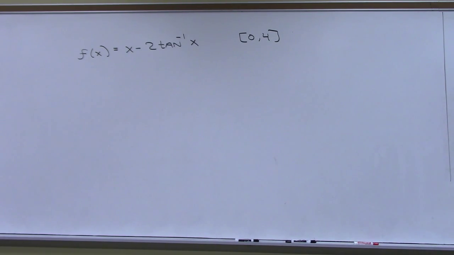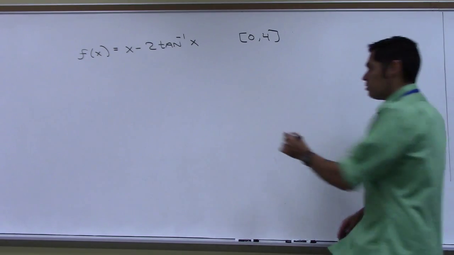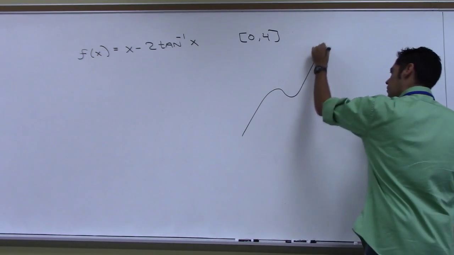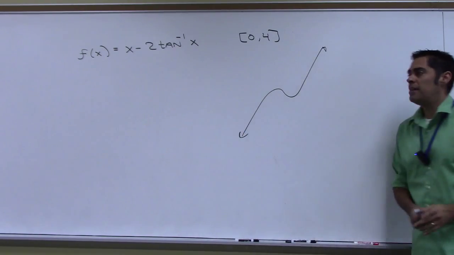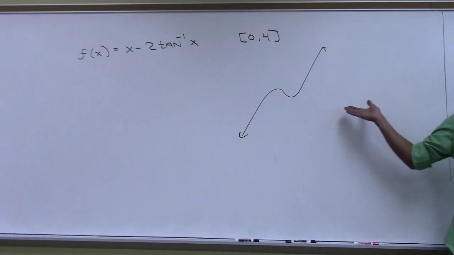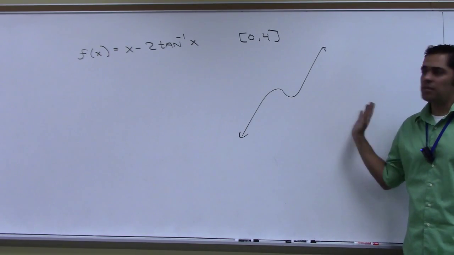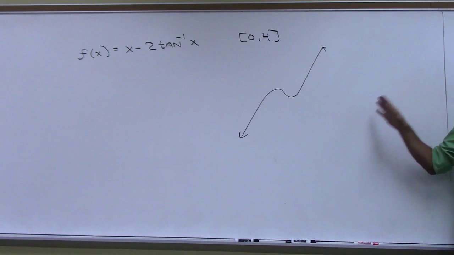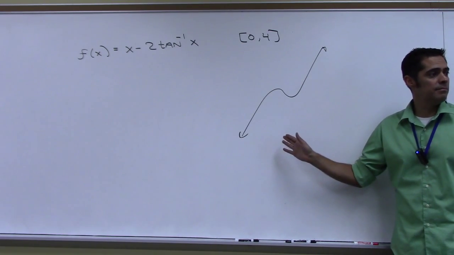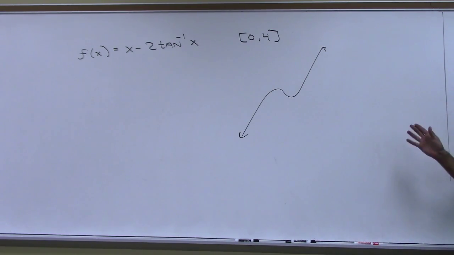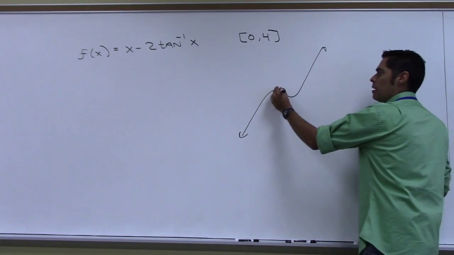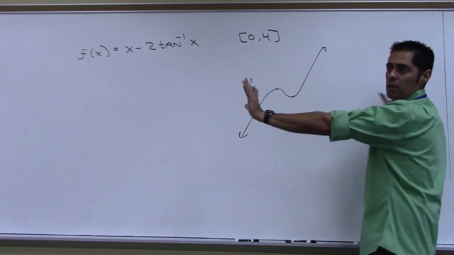Does this function have an absolute maximum? No, not like this. If the domain's not restricted, it has no absolute maximum. Has no absolute minimum, does it? No. But it does have a local maximum, right? And a local minimum, if I look at the whole picture.